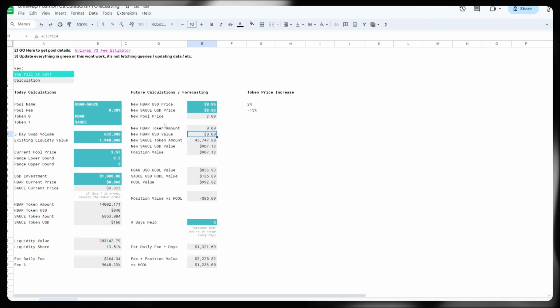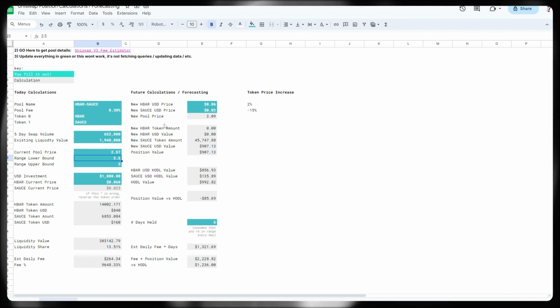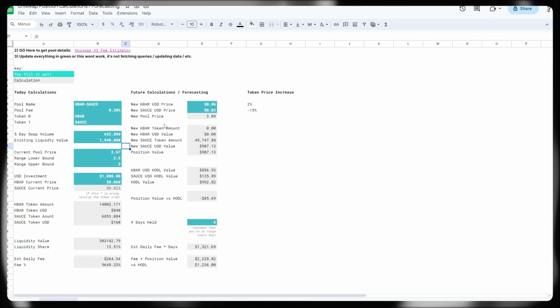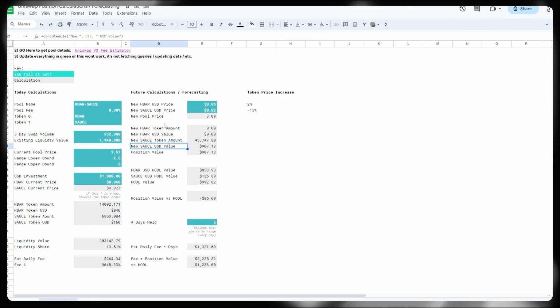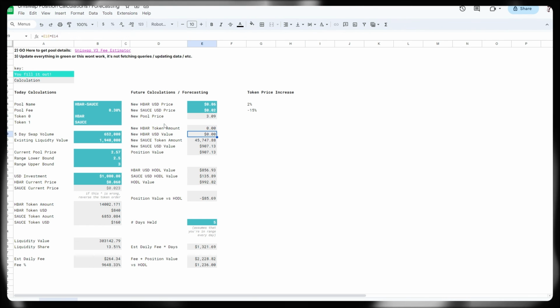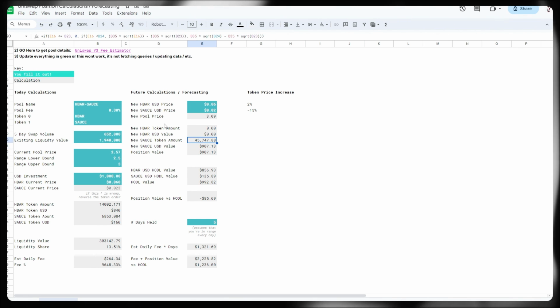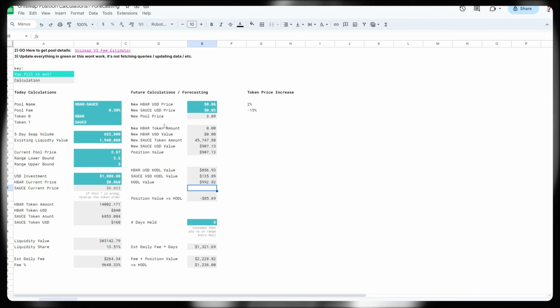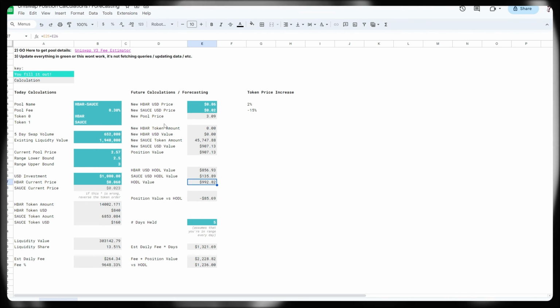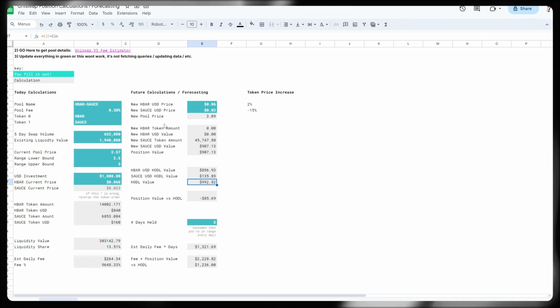I no longer hold any hbar tokens whatsoever because of how drastic this price move was. My original pool price was 2.57 with my upper bound being 3, if you remember that I set. We're now at a pool price of 3.09, and I've effectively got 100% source in this instance, $907 of it, nearly 46,000 tokens, and I am net negative in this particular position. And actually, I would have been better off not providing any liquidity in the first place.